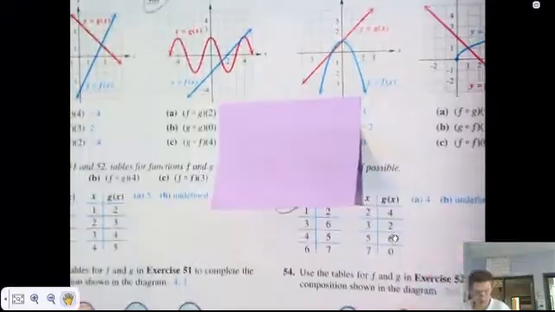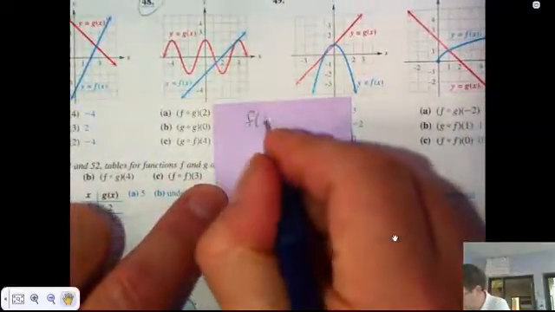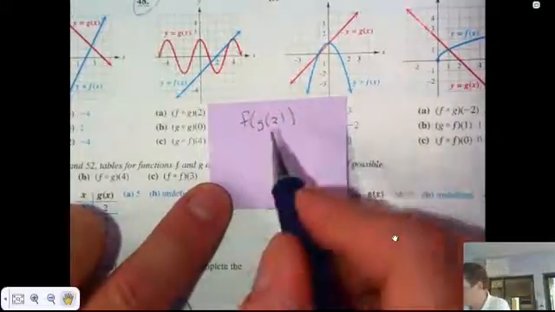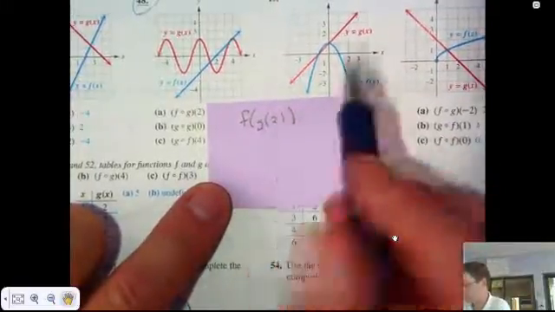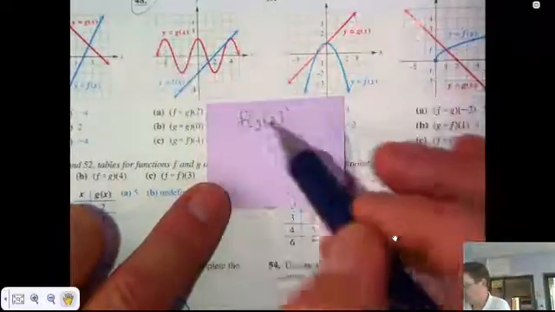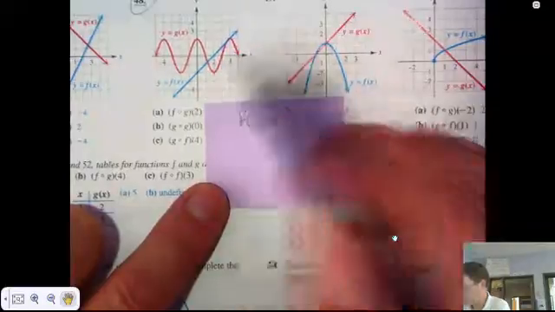Alright, so I want to find on A, f composed of g of 2. That says I want to find f of g of 2. Right? So I first find the inside. What is g of 2? Well, g is the red, right? So when x is 2, g is negative 2.